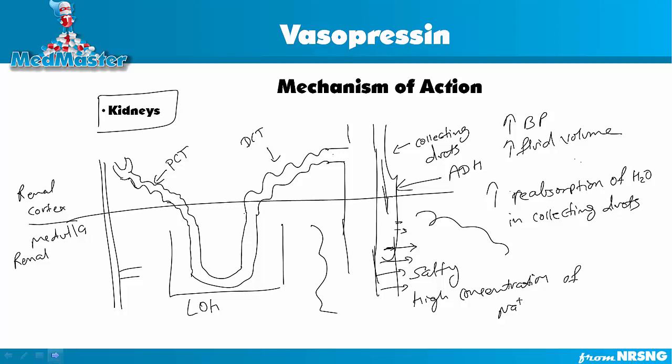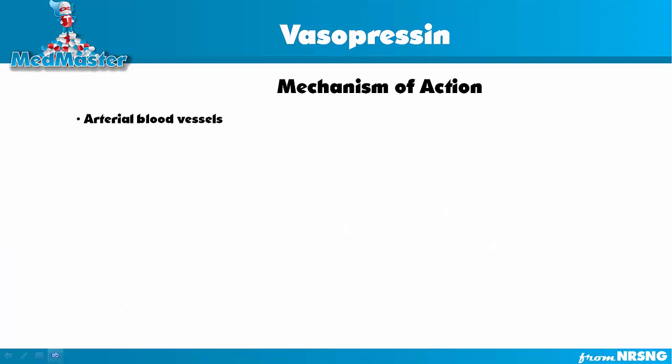Now there is another effect it has on arterial blood vessels. There are vasopressin receptors on blood vessels, especially the arteries.